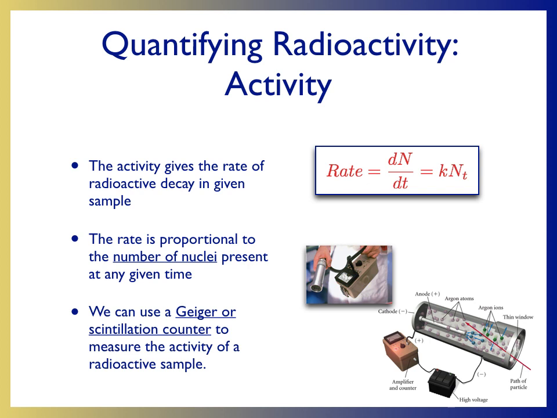These radioactive particles ionize the gas sample inside, and the ionized gas particles are detected by hitting a phosphorescent screen in the back of the tube. This phosphorescent screen converts those collisions into electricity that is routed to the detector connected to the tube.